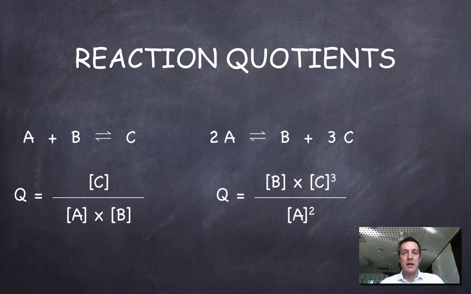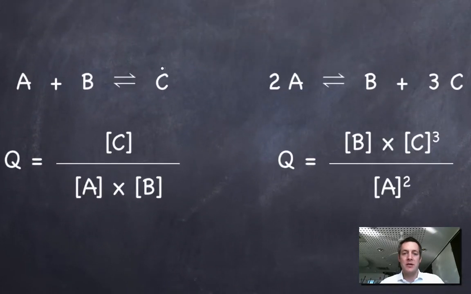If we had A and B as our reactants turning reversibly into C, then the reaction quotient Q would be the concentration of C divided by the concentration of A multiplied by the concentration of B.